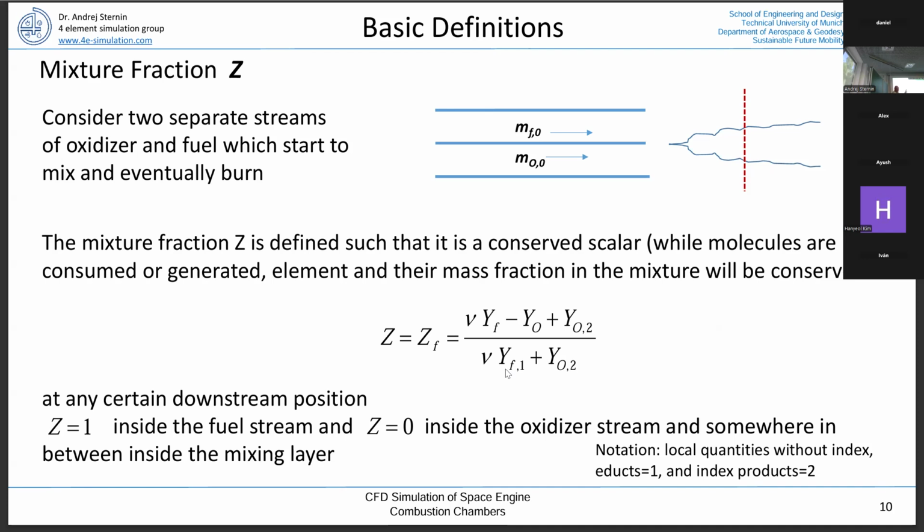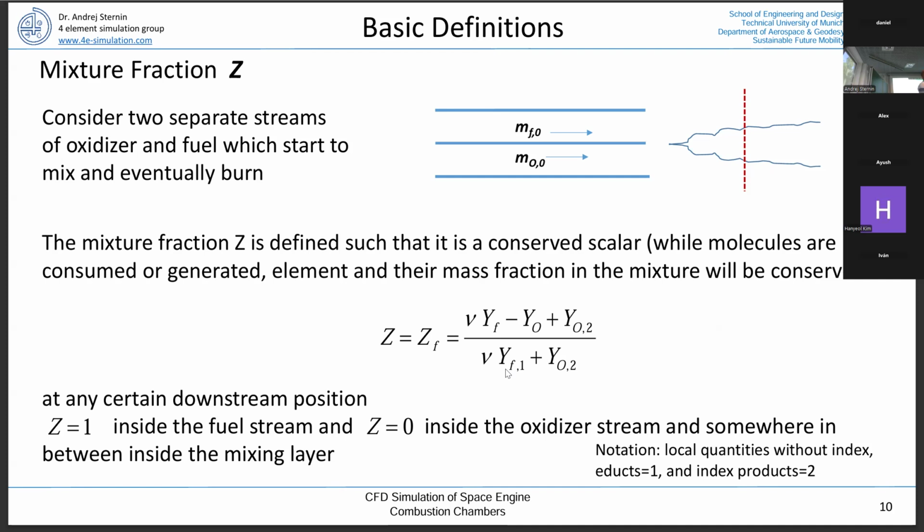Wherever we are in a system, it gives us the local mixing condition, independent of chemical reaction or not. If we are in the fuel, the mixture fraction is 1. And if we are in the oxidizer, the mixture fraction is 0. Wherever we are inside our combustion chamber, at each different position, we are able to locally define a mixture fraction.